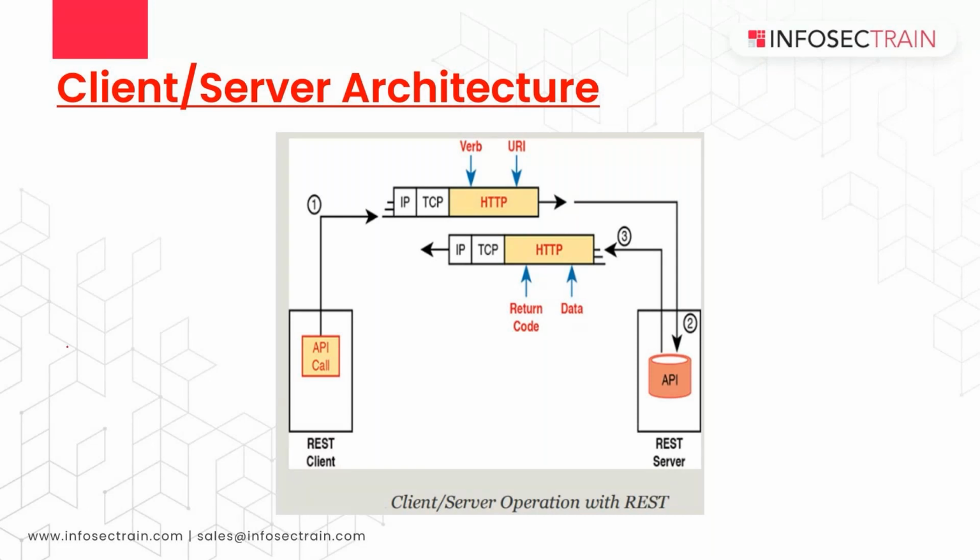So here, this is the REST client. The REST client executes a REST API call which generates a message sent to the REST server. Then the REST server has API code that considers the request and decides how to reply back. Now the REST server sends back the reply message with the appropriate data variables in the reply message, right?